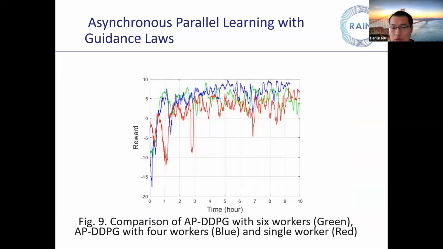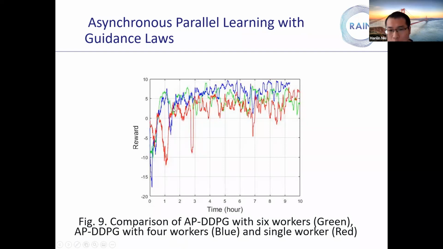And these are the results. The red line is using a single worker, and the green line is using 6 workers. So we run 6 robots at the same time using the nonlinear guidance law and simple collision avoidance algorithm. And the blue line is using 4 workers.